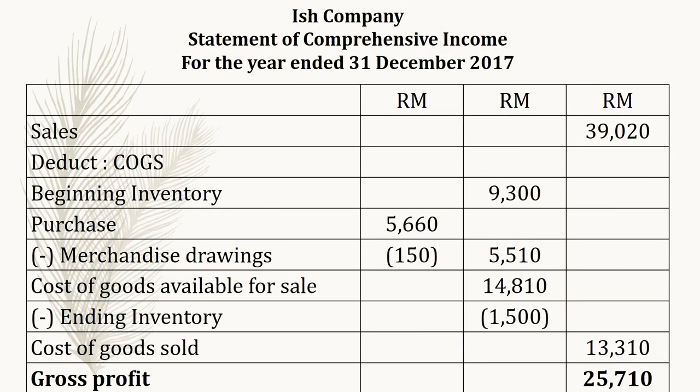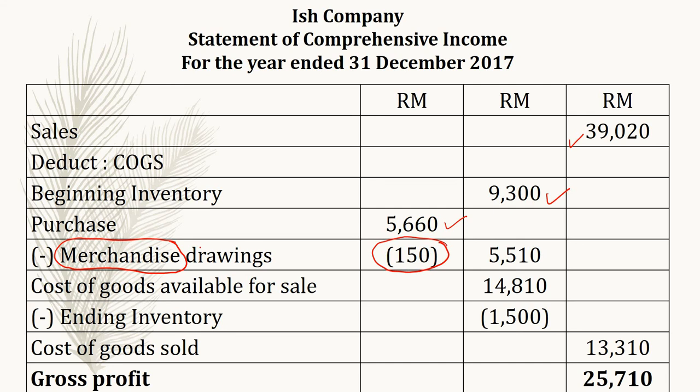So we will prepare our income statement. So this is your sales, and consider your net sales because you don't have any discounts or returns. Beginning inventory, this is your purchase, and you can see here I need to minus my merchandise drawing because this is a single entry system. So that means the company only record one-sided transaction.